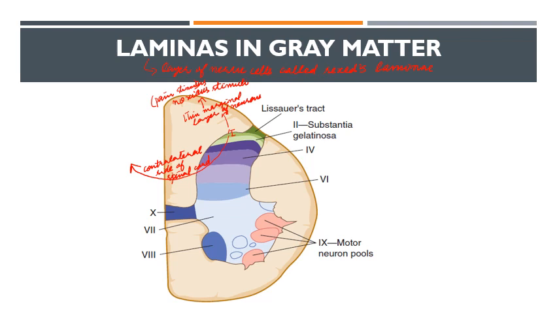The second one is lamina 2, that is also called substantia gelatinosa. This lamina is made up of small neurons, and these neurons respond to noxious stimuli also.